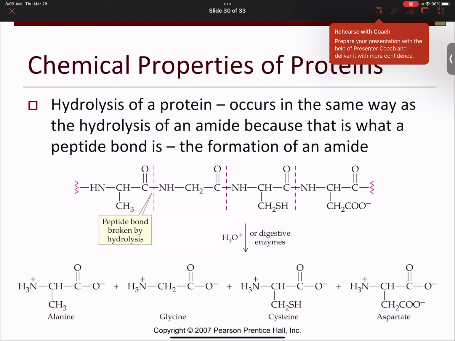We will get cysteine, glycine, asparagine, and arginine, with arginine being the C-terminal.